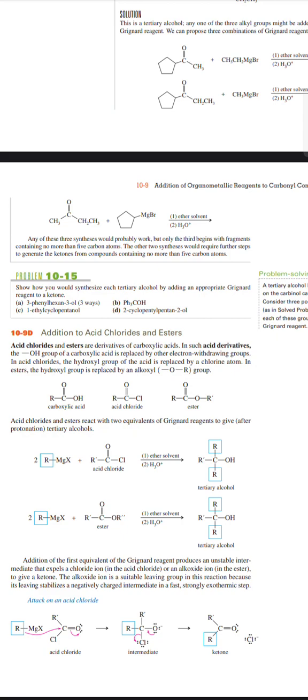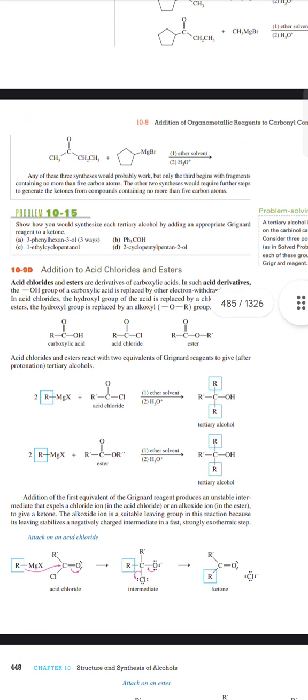Acid chlorides and esters with two equivalents of Grignard reagent give, after protonation, a tertiary alcohol. The addition of the first equivalent of Grignard reagent produces an unstable intermediate that expels a chloride ion in the acid chloride or an alkoxide ion in the ester to give a ketone.